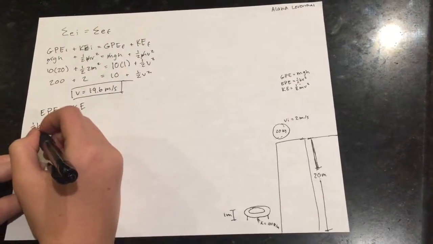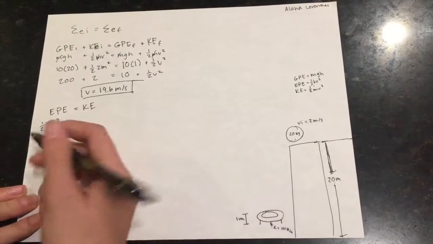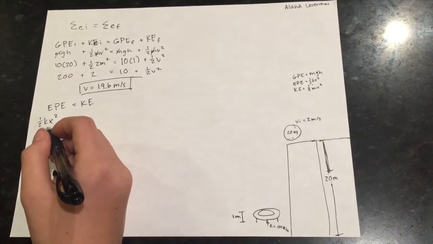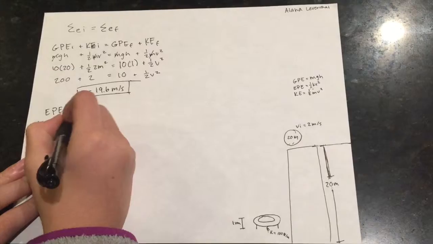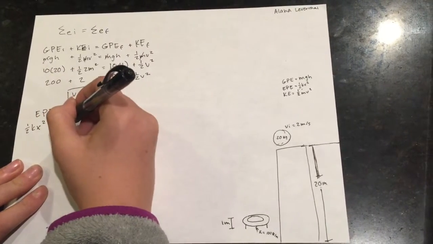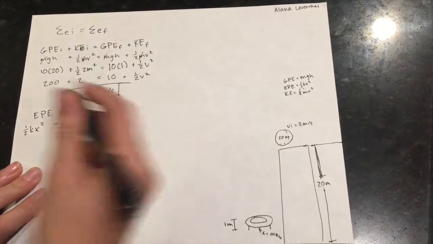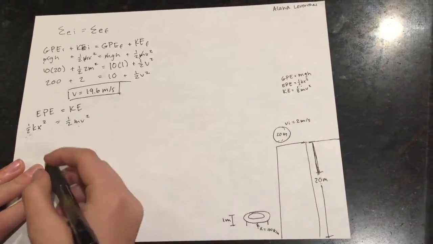K being the spring constant, which we know is 100 newtons per meter, and x is how much the spring will compress or stretch. And this is what we were trying to find. Set that equal to kinetic energy, which is 1/2 mv squared. And in this case, we will need the mass since there's no mass on this side of the equation.